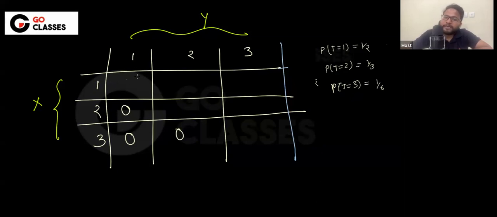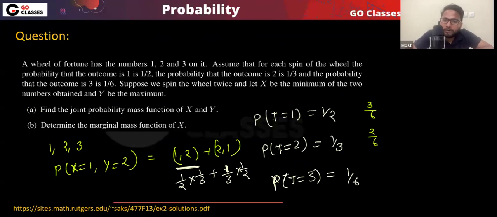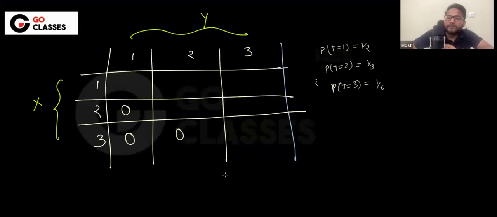What is the probability that x and y both are 1? Sorry, you are spinning it twice, right? I think this calculation is wrong, sorry about it. This is not a pair or something, so I made it a pair. You are spinning it twice.